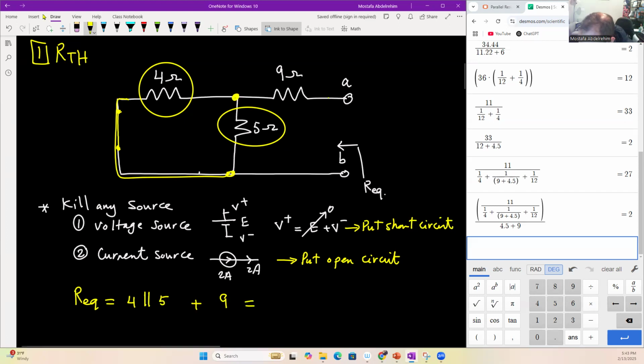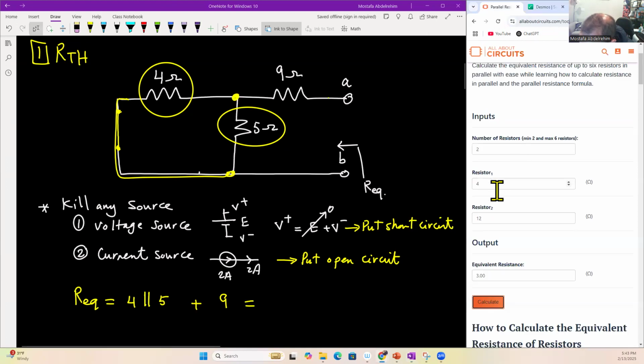Let's find out what 4 and 5 in parallel is. It is 2.22 ohms. So that's R Thevenin. Remember, this is R Thevenin.